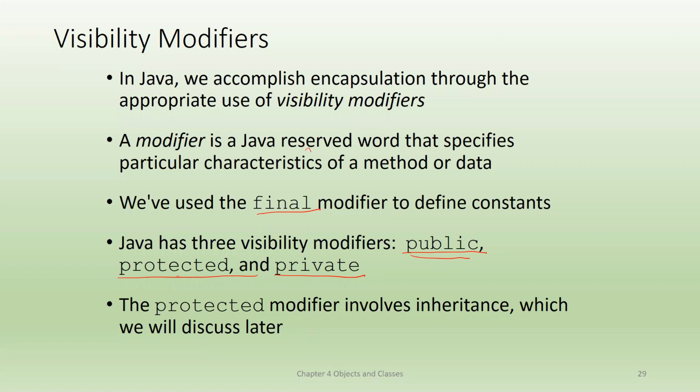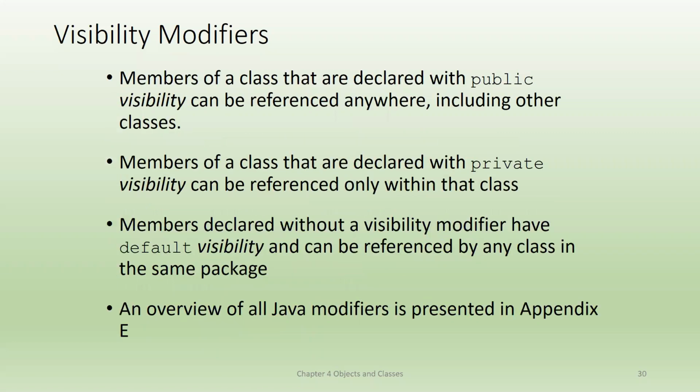Okay, protected can only be seen by the children of a class, which we will discuss later, by the same class, and by the classes in the same package. And private can only be visible inside the class. So this is outside the class, this is inside the class, and this is inside the package. If you do not define visibility, by default, it will be protected.